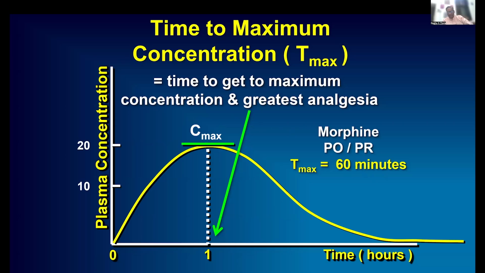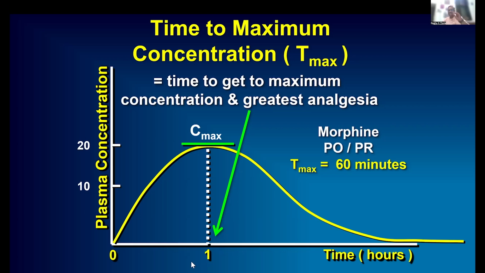First hepatic metabolism happens, then it goes into the circulation, crosses the blood-brain barrier, gets into the cerebrospinal fluid, and then acts on your mu receptors, which are located at the neurosynaptic junction. All this journey takes a long time. So for oral medication, the Tmax to reach the Cmax is 60 minutes. This is a long road, and this is why it takes so much time. So remember this 60 minutes, okay?